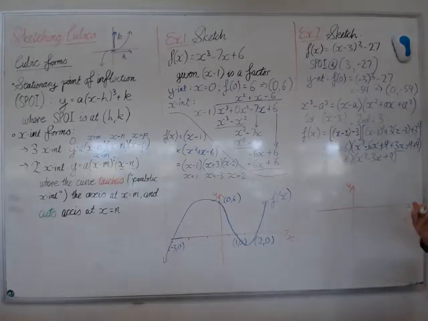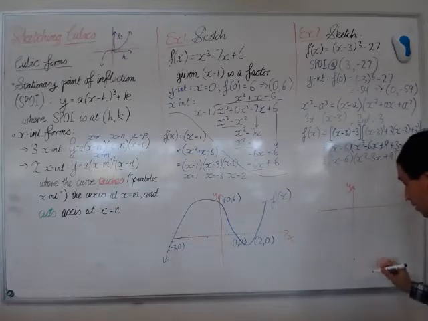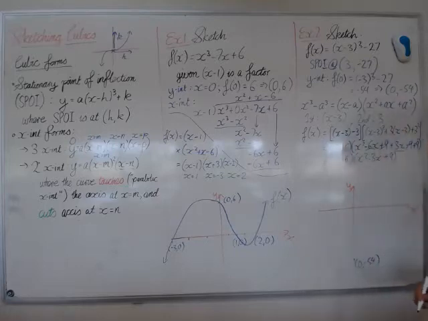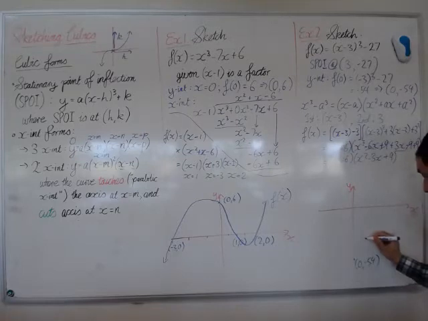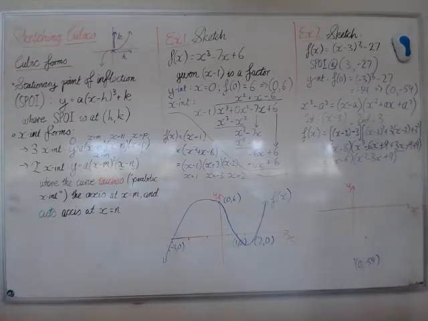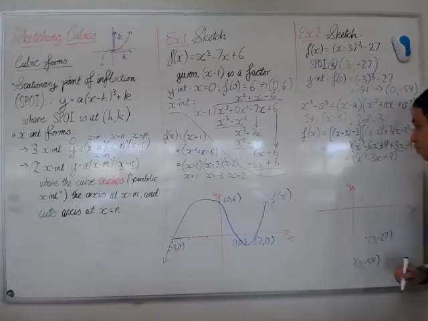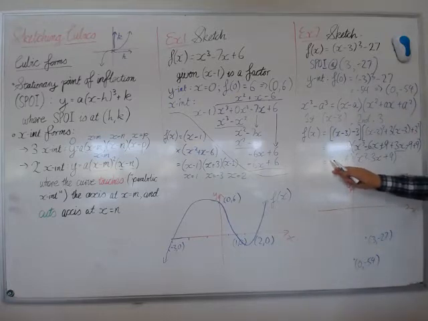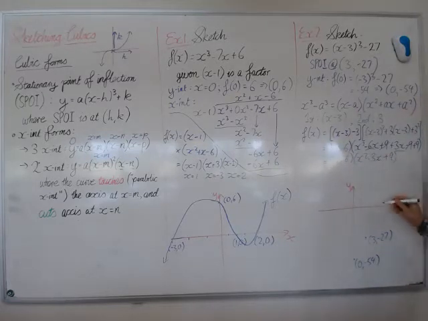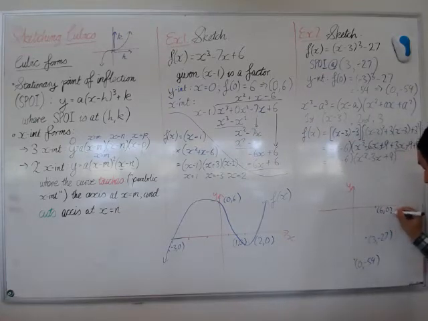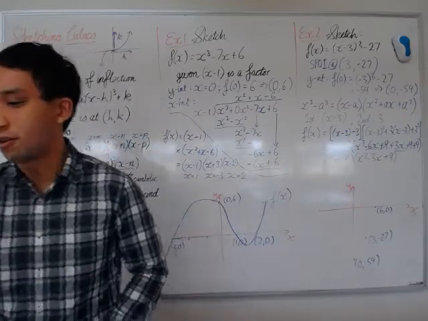So we know so far that there's going to be a y-intercept at 0, negative 54. We also know that there's this point. So it's going to do some funny business here where there's a stationary point of inflection. And from what we've factorized so far, we also know that there's an intercept at 6, 0.